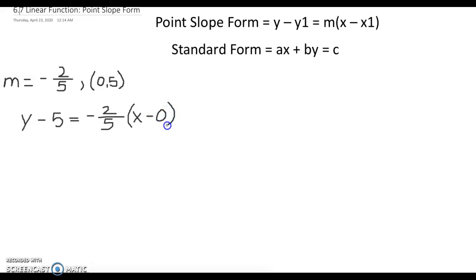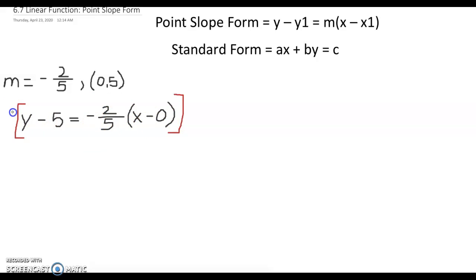One thing we're going to do in particular in this problem, because we have a fraction for slope, we want to get rid of it. So we are going to multiply the entire thing by the LCD of 5, so we can get this into a whole number instead of a fraction.